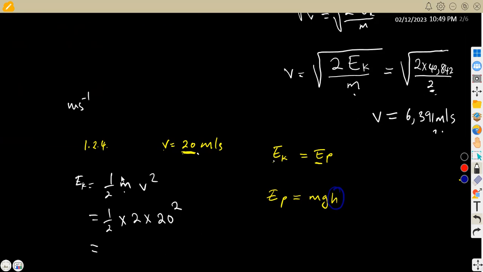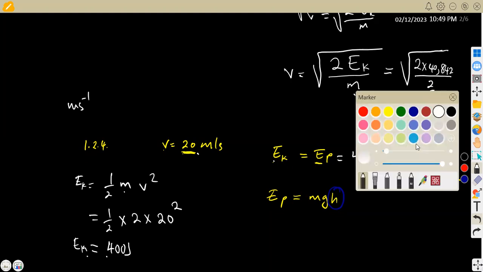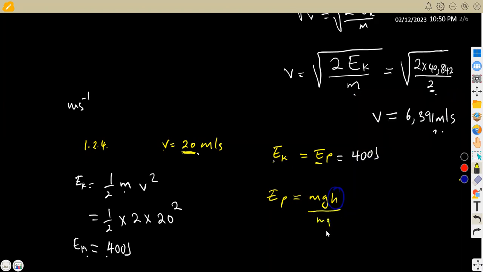All right. So if we are to calculate this, we are going to obtain 400 joules, which is our kinetic energy. But we say this is equivalent to the potential energy. So we have got 400 joules in this case. So in order for you to have the height, by making h the subject here, by dividing by mg on both sides, this can give us the height.